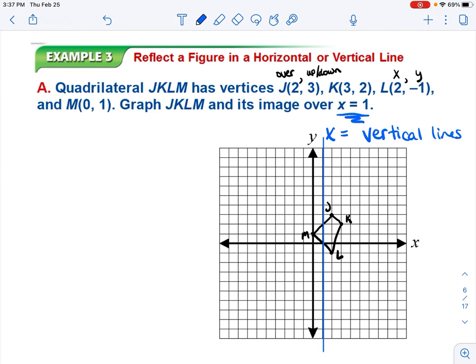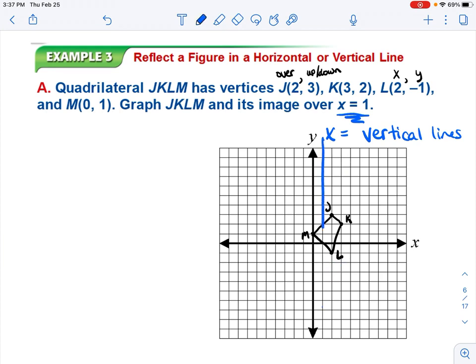Now, how do I know that? I can check some points. I know that this coordinate is 1, 8. I know that this coordinate is 1, negative 2. All of the coordinates on that line always have an x value of 1. That is why x equals 1.